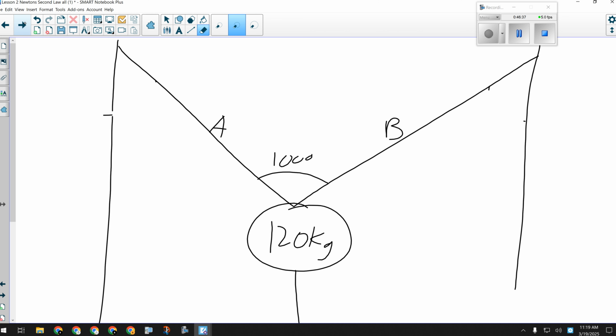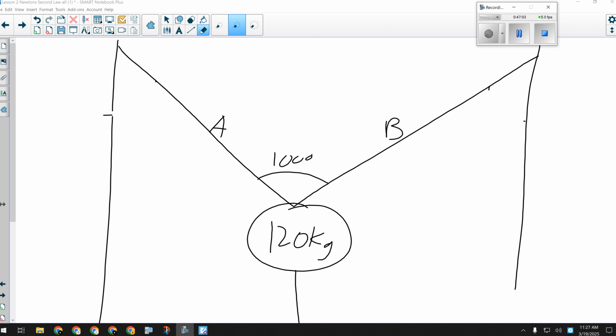There's 100 degrees between these two cables. They're equally long, all that kind of stuff, and they're supporting the 120 kilograms worth of mass. I want the tension in cable A. Spoiler alert, it's the same as B. Give that one a try.